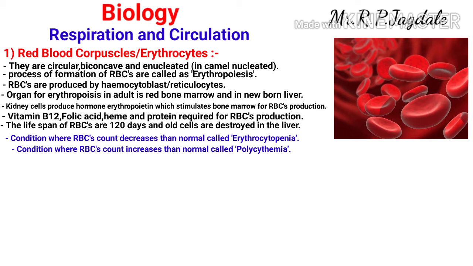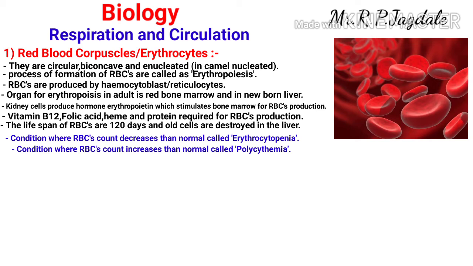And if the number of RBCs decreases below the normal range, that is called erythrocytopenia. Both conditions are abnormal: if it increases from the normal range or decreases from the normal range, both are abnormal conditions.